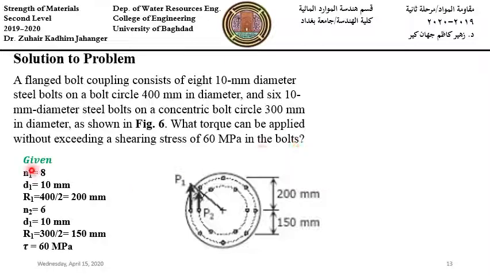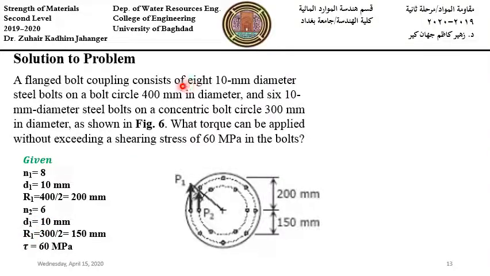So this is the given: N1, D1, R1, because it's two rows, and 2, they said, and N1 is 8, D1 is 10 millimeter, and here N2 is 6, D2, sorry, here is 10 millimeter. This is R2, not R1, sorry.